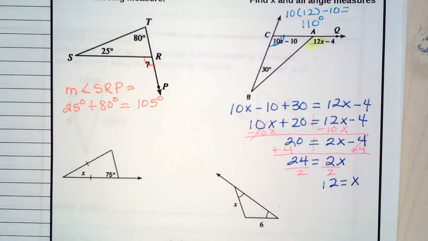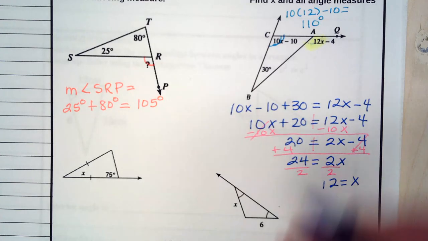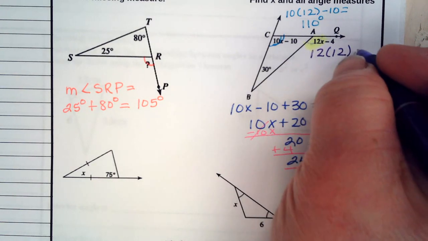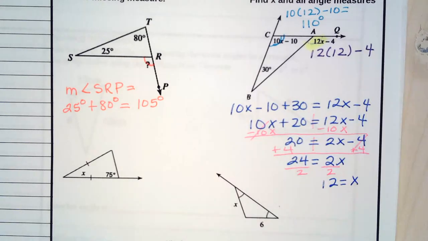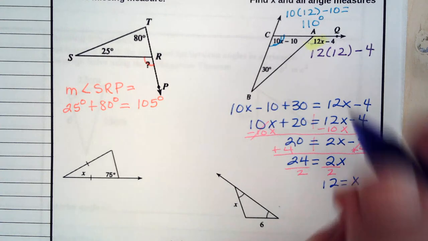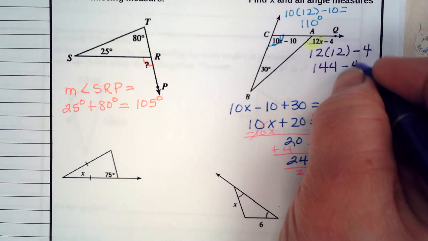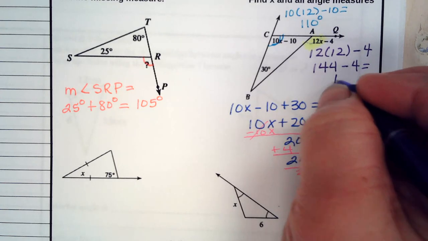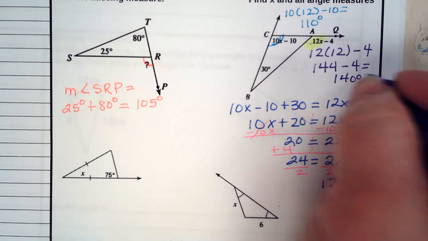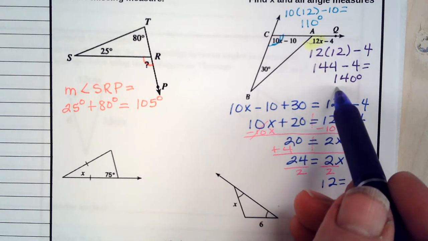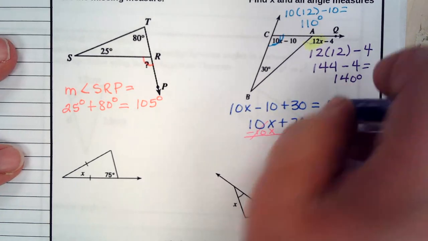Okay, 12 times 12 minus 4. 12 squared is 144 minus 4, and you get 140 degrees. I also could have done 30 plus 110 and got 140 degrees also.